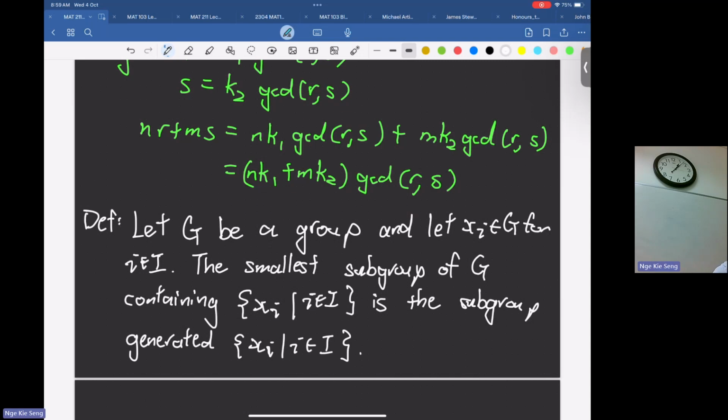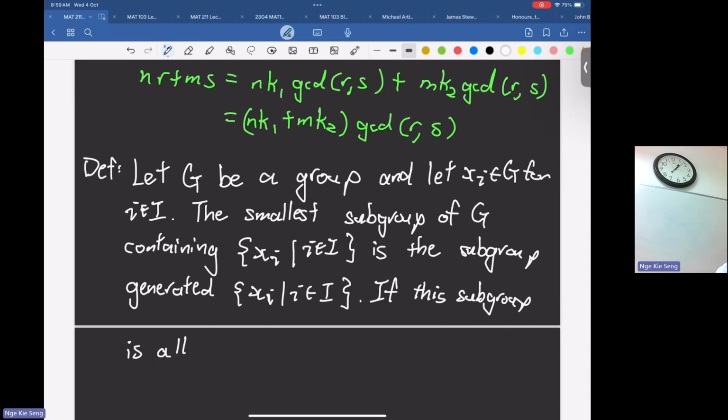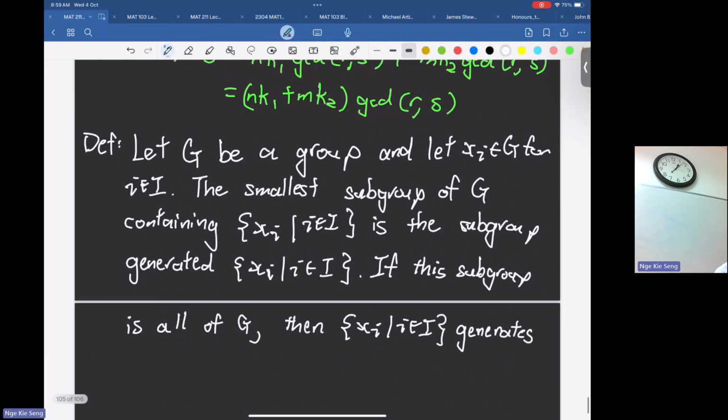So if this subgroup you form is the whole of G, then this set will generate G. Just now we used one element to generate the group, but now we use more than one element to generate a group.